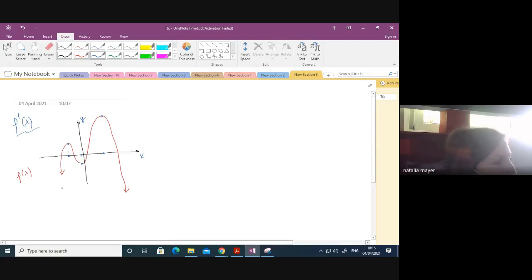The slope is decreasing, but positive here. Do you see the difference between an increasing slope and a positive slope? If the slope is positive, it means the derivative function is above the x-axis. We are not analyzing if the slope is decreasing or increasing. We are only analyzing if the slopes are negative or positive.